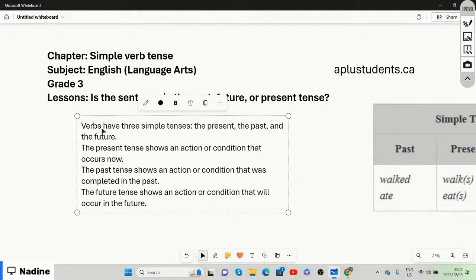That is basically our tenses. We have the present tense, which shows the actions that occur now, the past tense, which shows the action that was completed in the past, and the future tense, which shows the action that will still happen in the future, meaning it did not happen as yet.